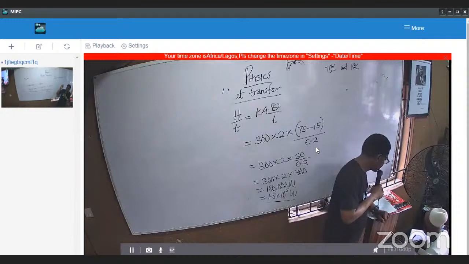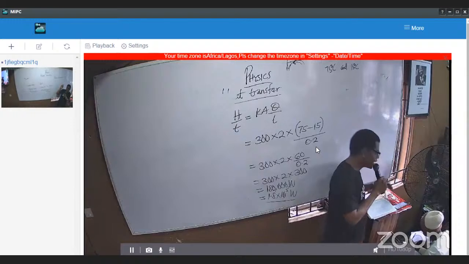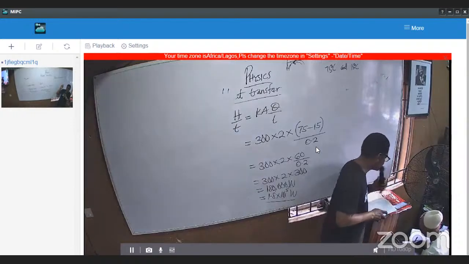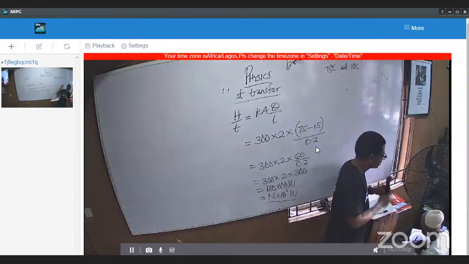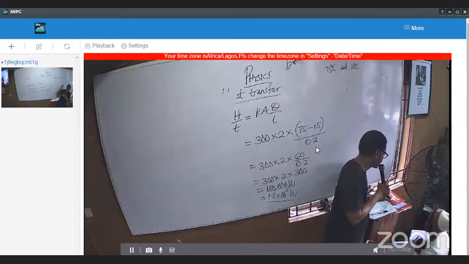Option B, transfer of material is involved.